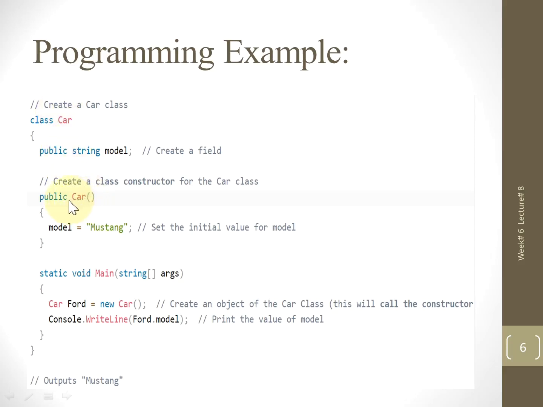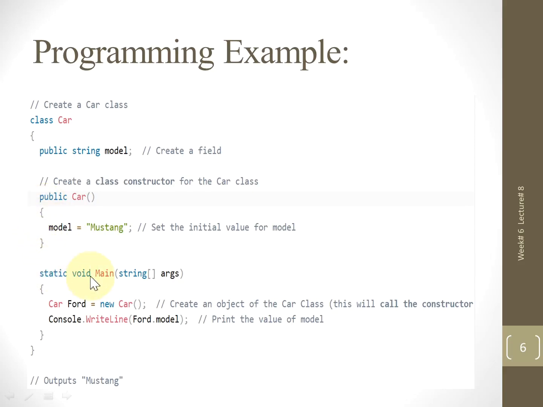Secondly, there is no return type, and no argument this time. Students, you have to remember, when we have no arguments within the constructor function, that constructor function is called a default constructor. Within the body of the constructor function, we are initializing the string data member with Mustang. So the constructor function has just ended.